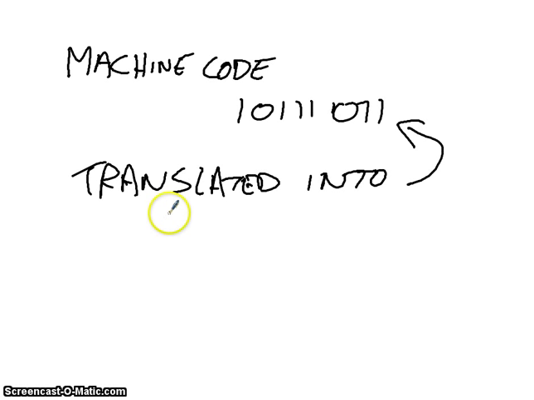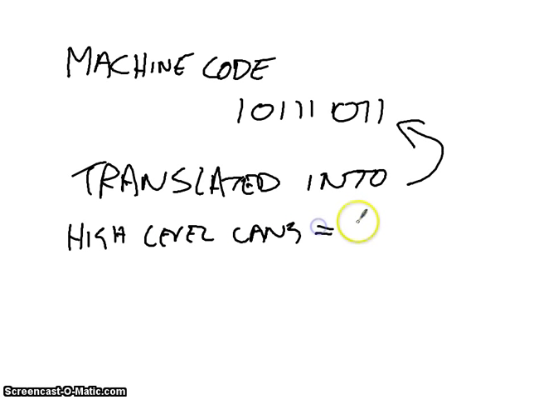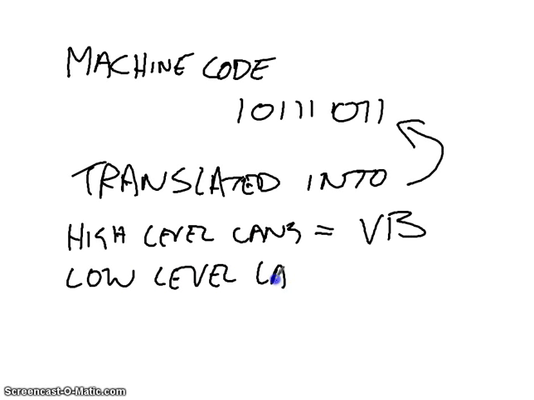So even if you're programming in a high-level language, it has to be translated from VB, which is obviously what we study in, down to a low-level language, which is known as assembly code.